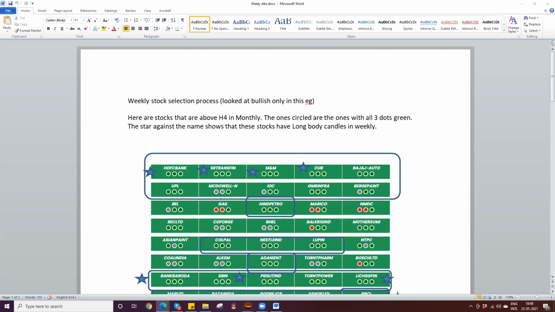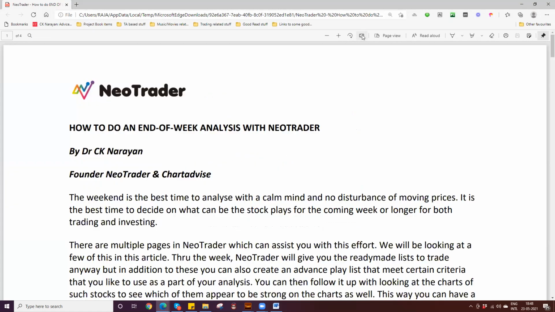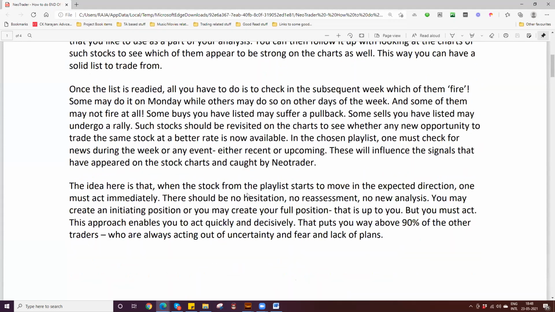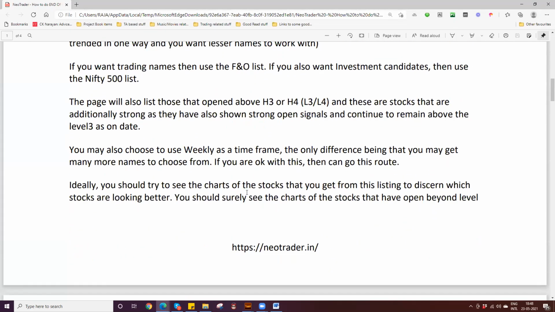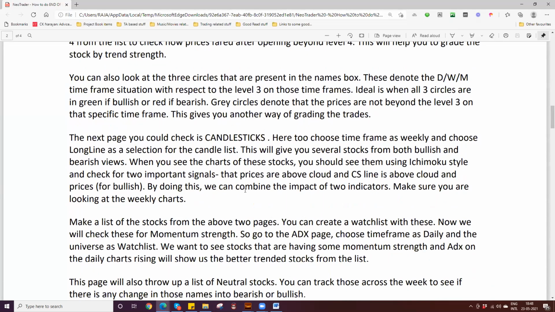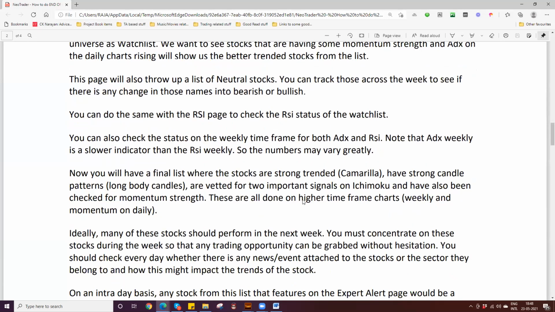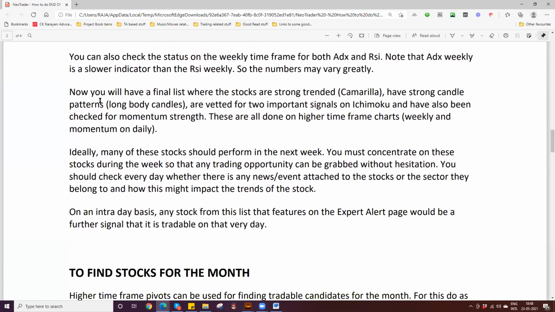All right, so I'm pulling it here. And this is the document which we had. And in this, if you come to this part, it tells you how to go about it. So once you complete that process, here is where you will reach.